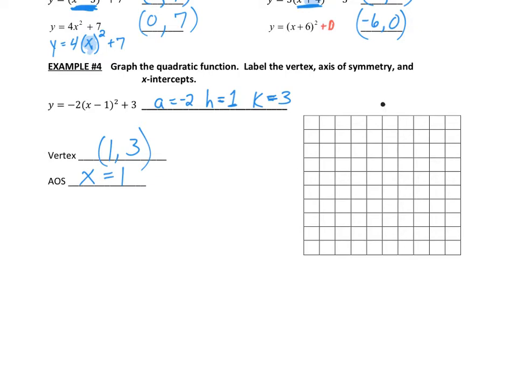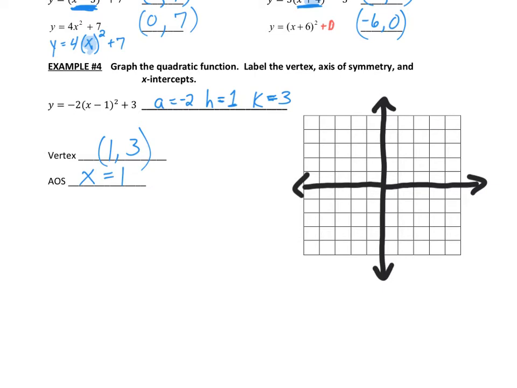So I draw my y-axis and the x-axis. Okay, so we have the x and y axes.